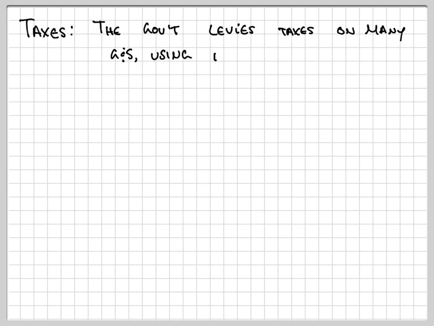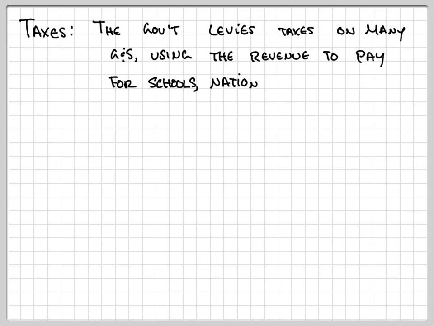And for taxes, the government levies taxes on many goods and services, using the revenue to pay for schools, for example, national defense, roads, and many other things that the government pays for. So taxes is one of the ways the government generates revenue.